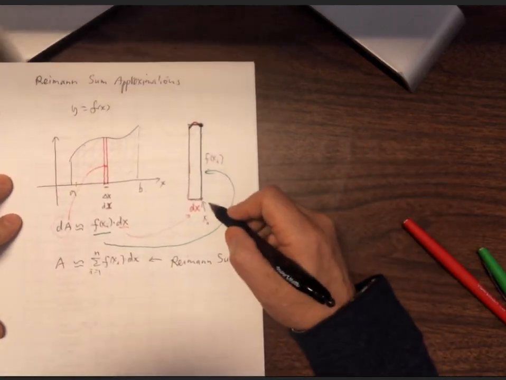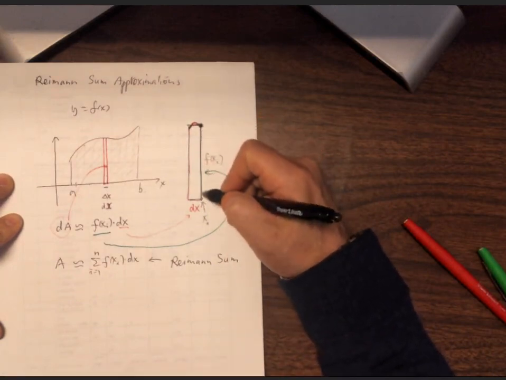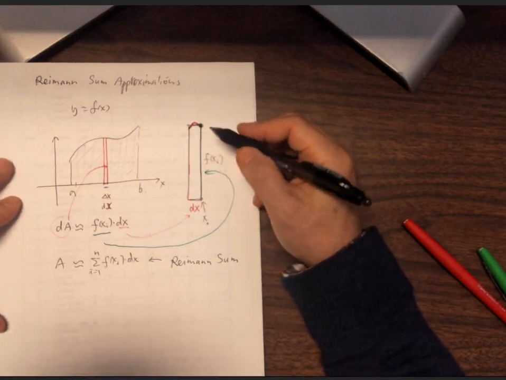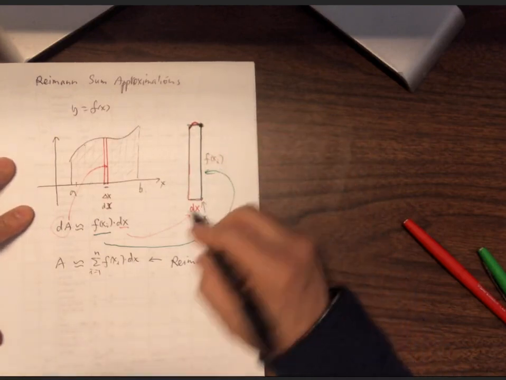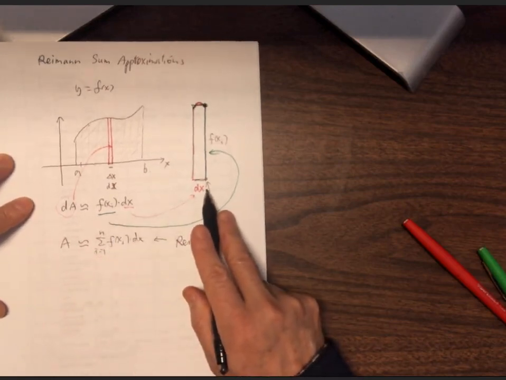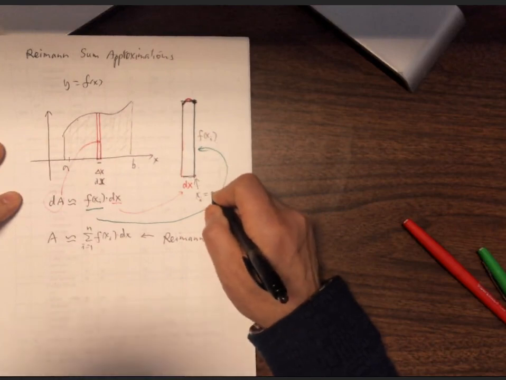It depends on where we pick up the point to try to come up with the height for a rectangle to be constructed. Usually we pick up, like I said, the right end point because it's very easy to come up with a formula.